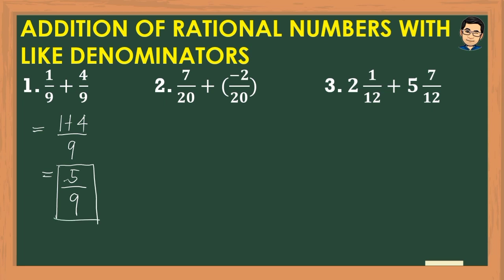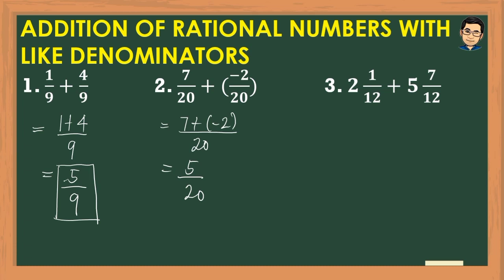Okay, next. 7 over 20 plus negative 2 over 20. So, it becomes 7 plus negative 2 all over 20. So 7 plus negative 2, that is 5 over 20. 5 over 20 can be simplified because the greatest common factor is 5.